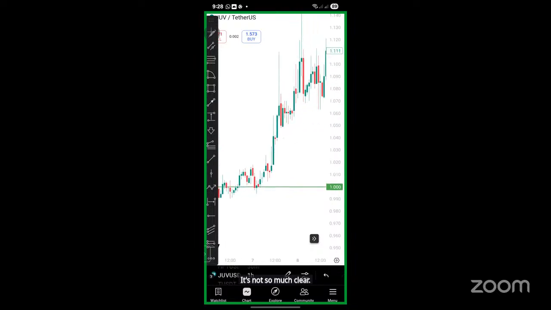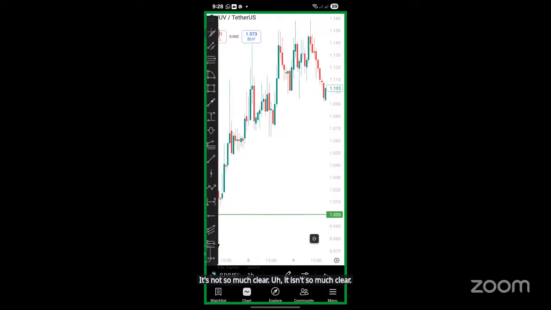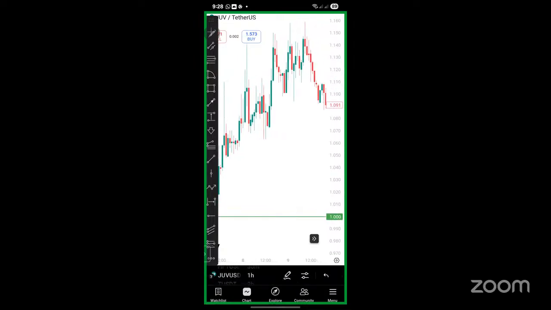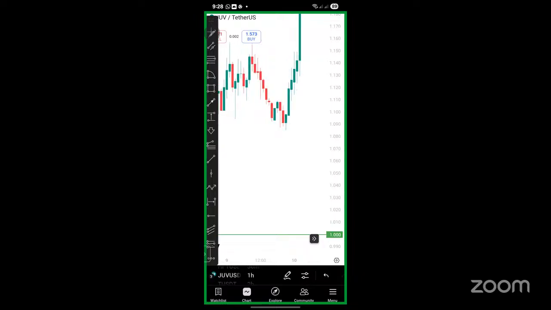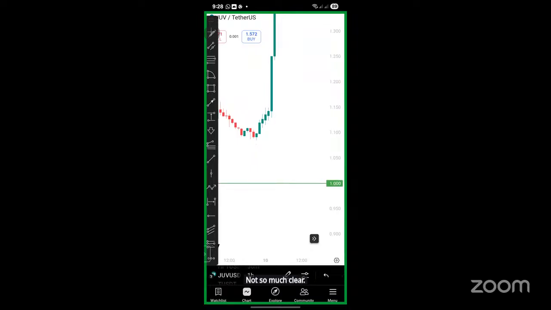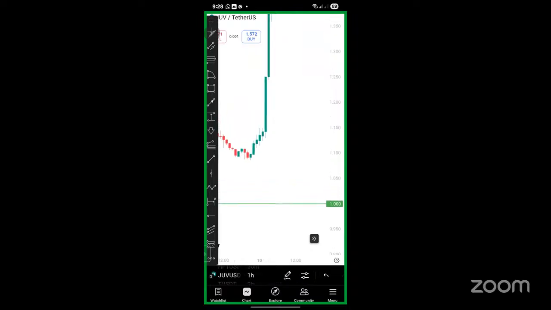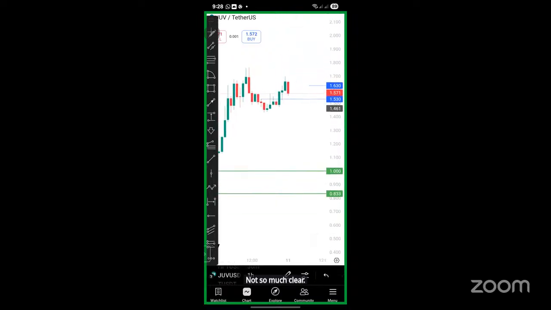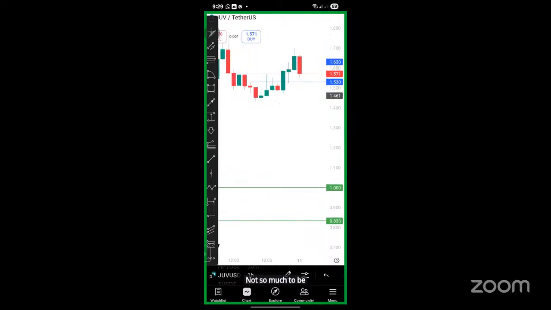It isn't so much clear. Not so much clear. Not so much clear. I wanted to see the bullish inside bar.